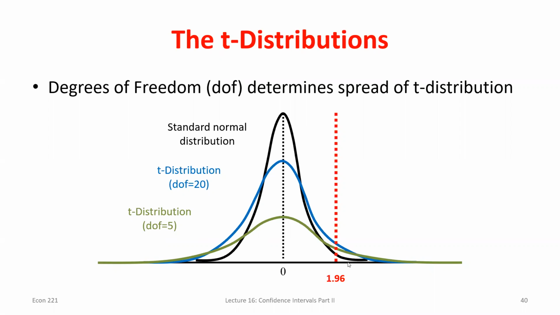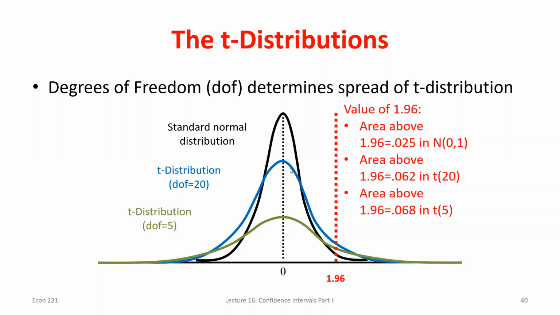Well, if this area underneath the black curve is 0.025, it's a larger area. And so I actually need to go out more than 1.96 standard deviations from the mean when I'm using the student t distribution. In fact, if we look up those values, for the standard normal distribution it would be 0.025. For the degrees of freedom of 20, it's 0.062, and degrees of freedom of 5 is even larger at 0.068.